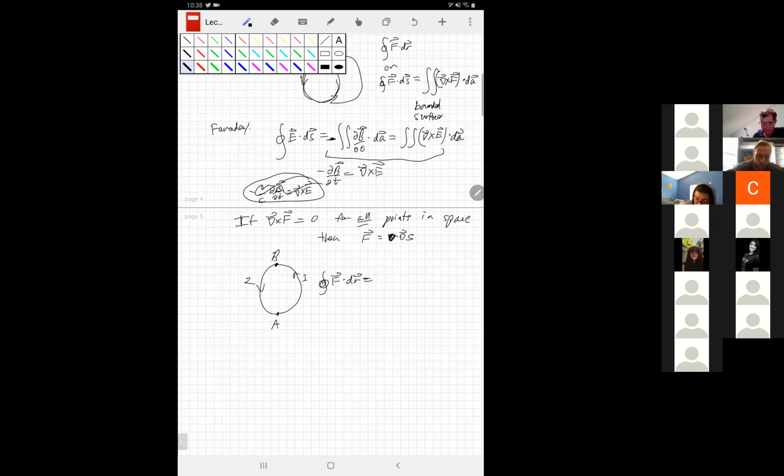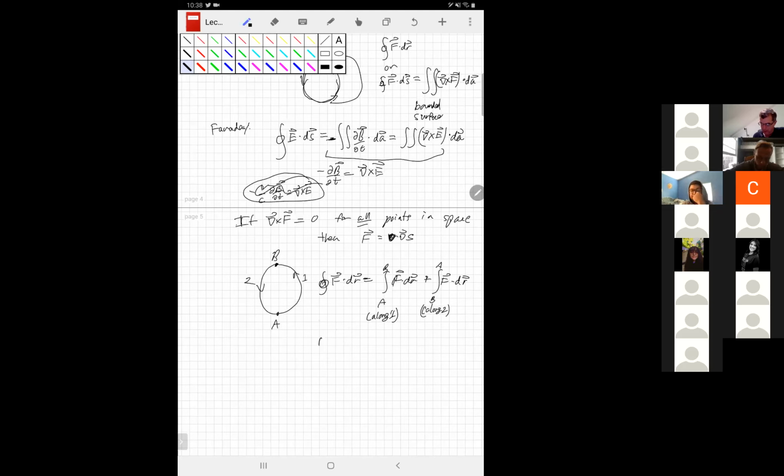Then the integral of F dot dr, I could write as the integral from A to B along path 1 of F dot dr, plus the integral from B to A along 2 of F dot dr. That's just from the fact that it's a closed path.